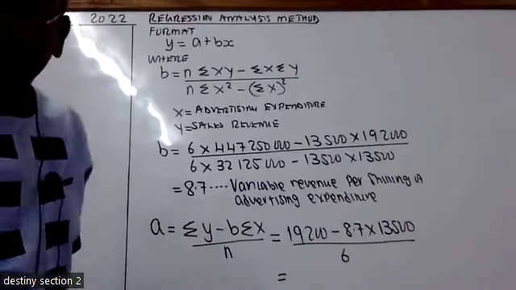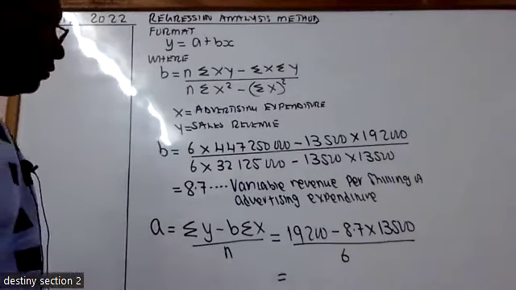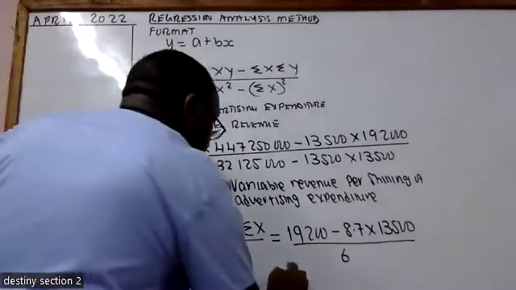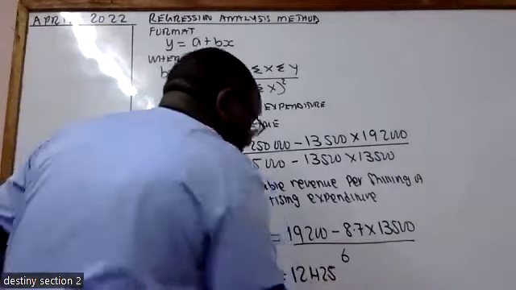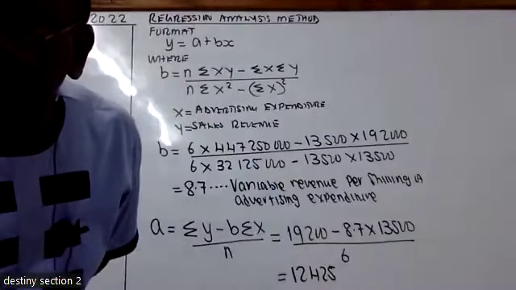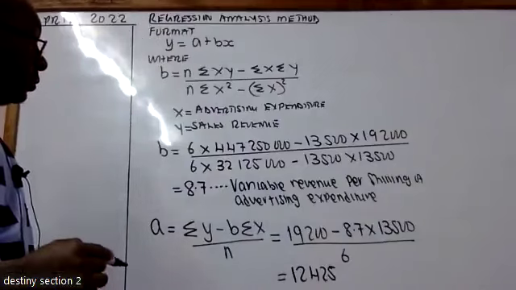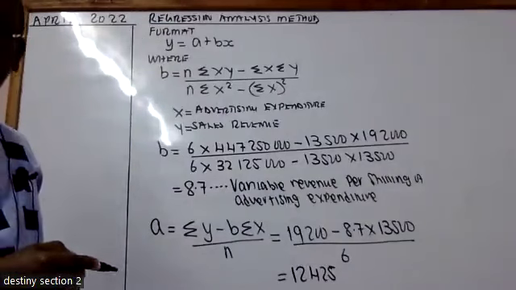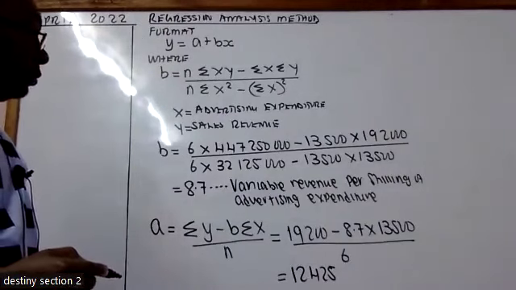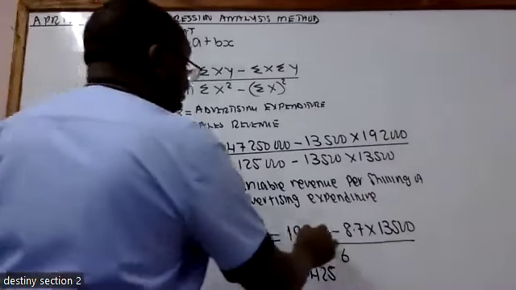Is it real? Negative or positive? 12,425. I'm expecting it to be negative. Is it positive? Oh, this was 192,000.